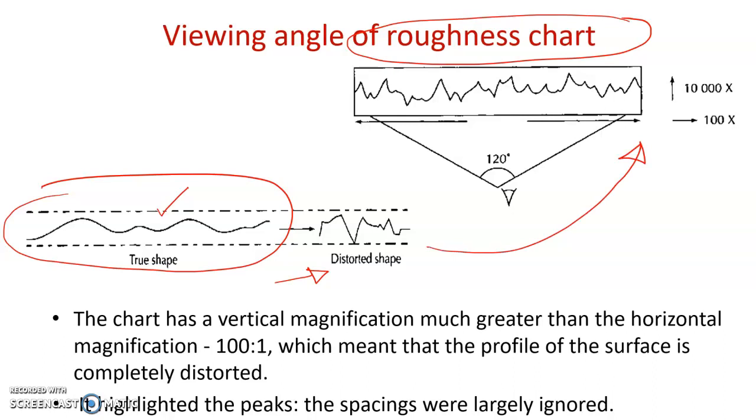We will use a large scale for vertical magnification and a very small scale for horizontal magnification. So the ratio of vertical to horizontal magnification will be around 100:1. Then we will get a distorted shape of the roughness chart, and this chart is used for evaluation of the roughness.